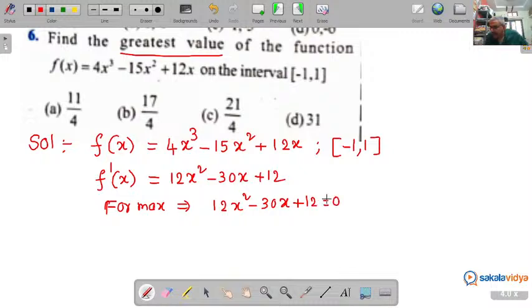Divide by 2, so 6x square minus 15x plus 6 is equal to 0. 6 into 6 is 36, so then minus 15 is there.